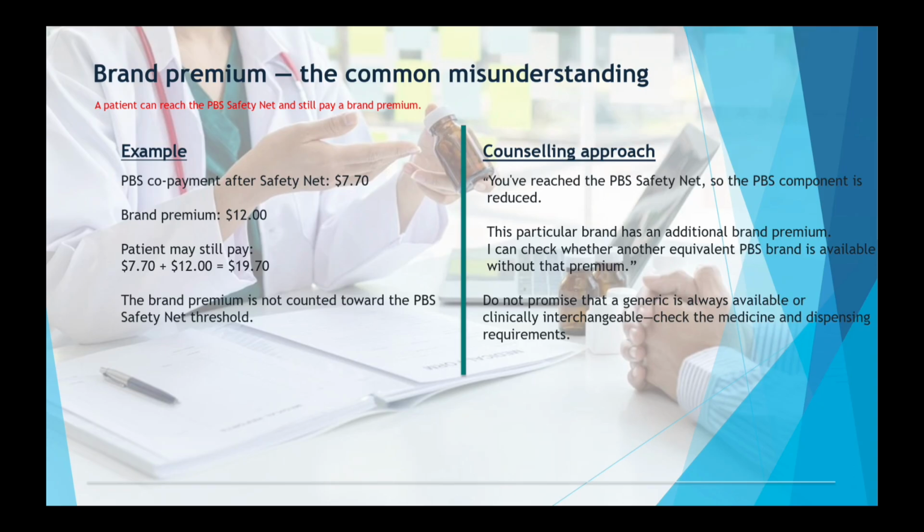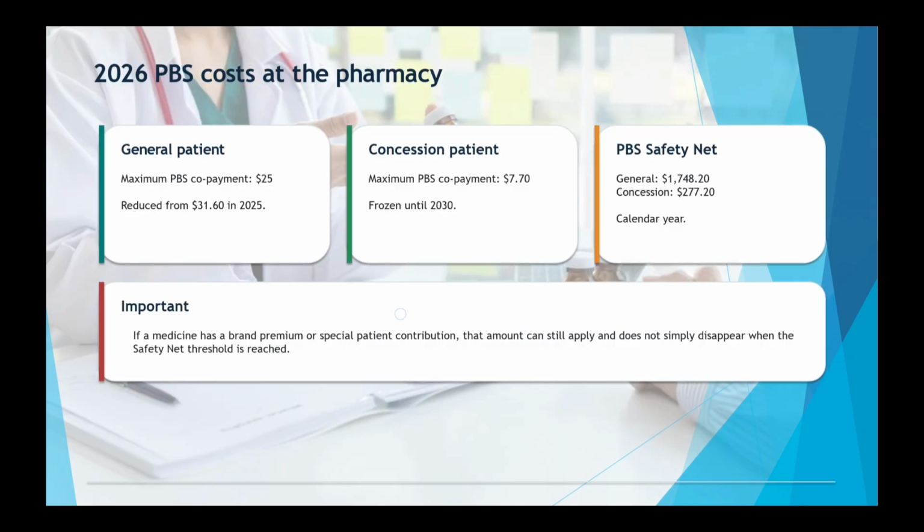That means $19.70 needs to be paid by the patient instead of $7.70, because there is a charge for the brand they are taking. The brand premium is not counted towards the PBS safety net threshold, so this $12 won't be counted towards $277. They will be just counted at $7.70 for the threshold. We'll go back once again to that topic.